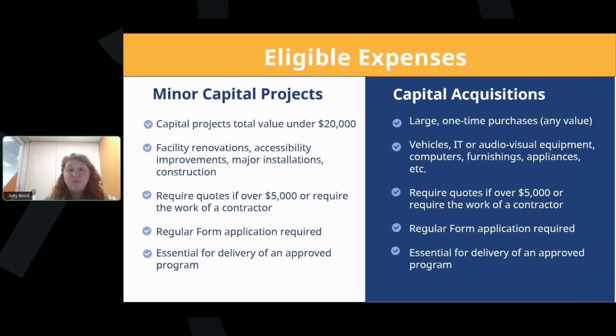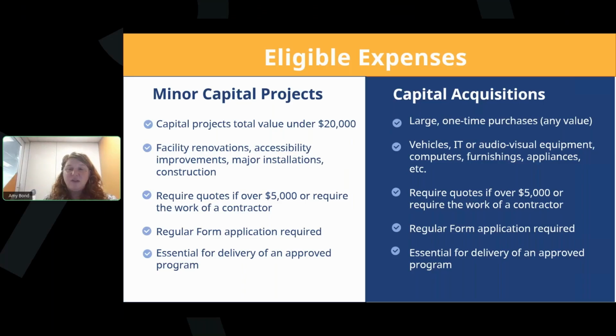Going on for eligible expenses, you can also request, in addition to your regular program funding, additional money for minor capital projects or acquisitions within your program application. So you should include these requests within the program area. Don't enter it as a separate program.